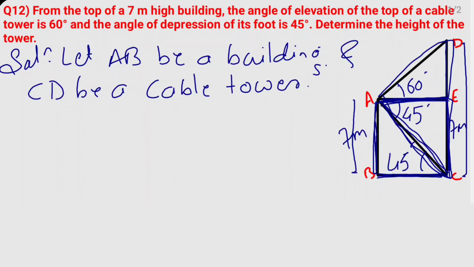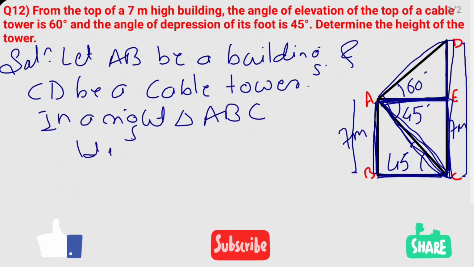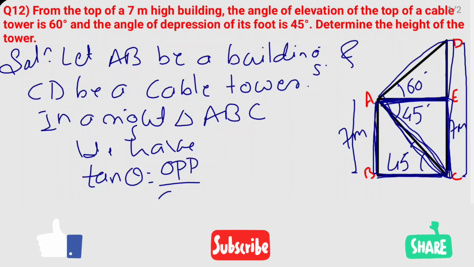ABC. So write down: in a right triangle ABC, we have tan theta equal to opposite by adjacent.